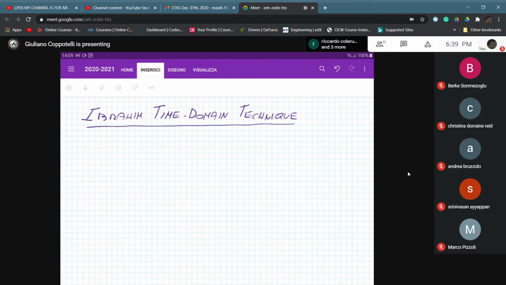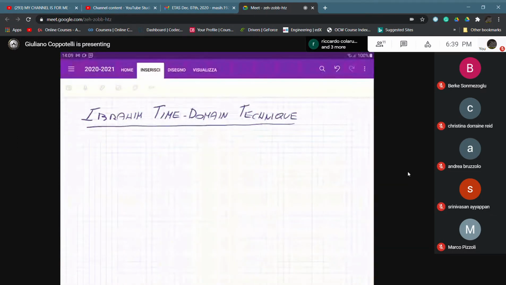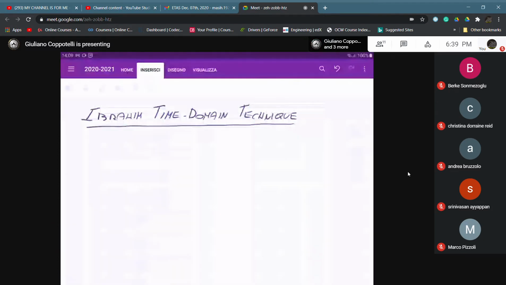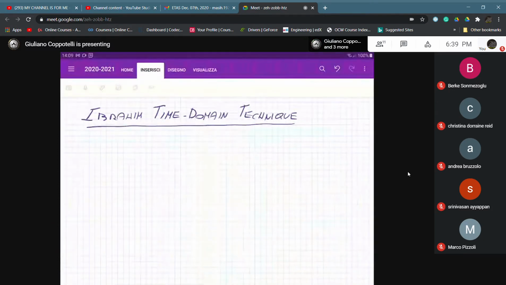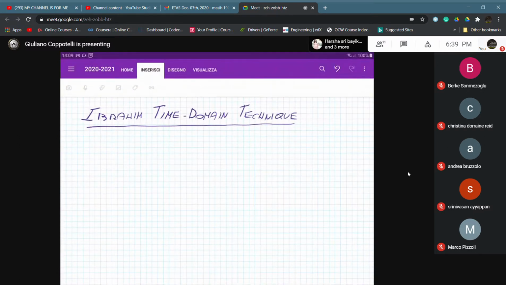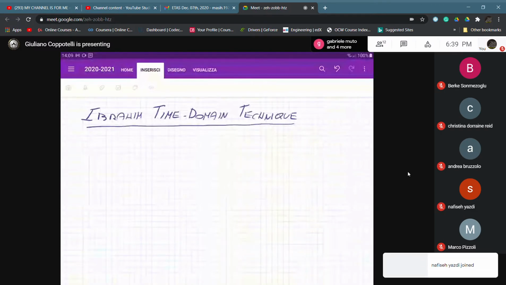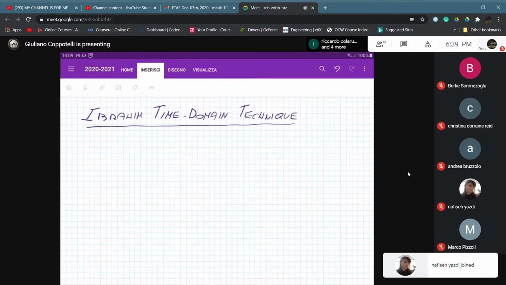So maybe we can have some errors. If the zeros are a very huge number with respect to what we got, then these effects are, let's say, limited because of the increase of your observation time, and therefore this technique could allow us to have an equivalent increase of the frequency resolution.